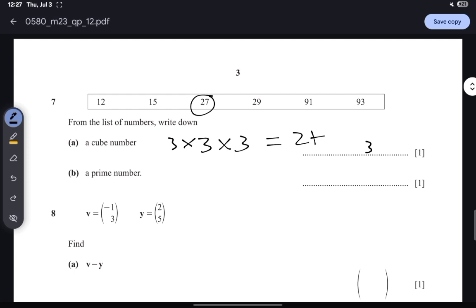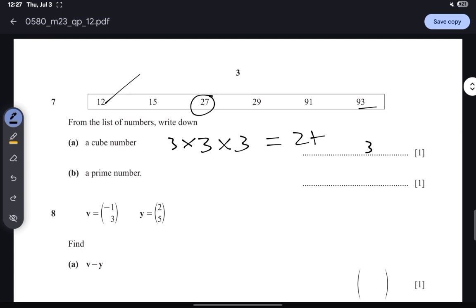A prime number is a number that is only divisible by 1 and itself. And from this list we see that 12 is divisible by 2. In other words, 2 can get into 12. For 93 we know 3 can get into 93.